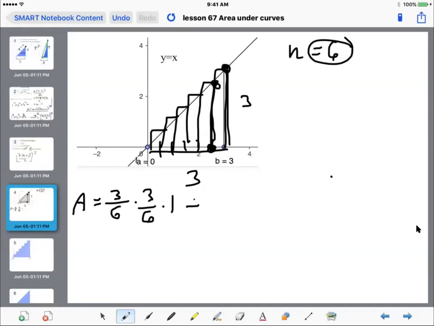Now the second rectangle has a base of 3/6. They all did. But what's the height of the second rectangle? You type it in.